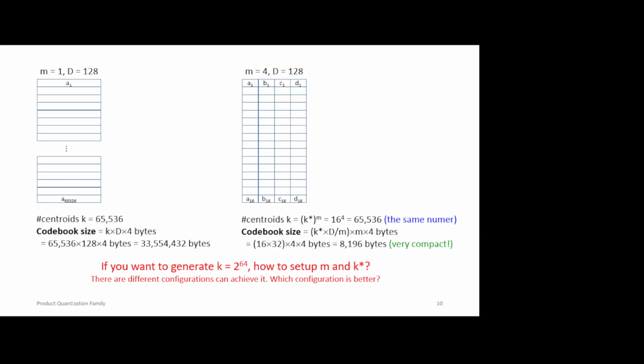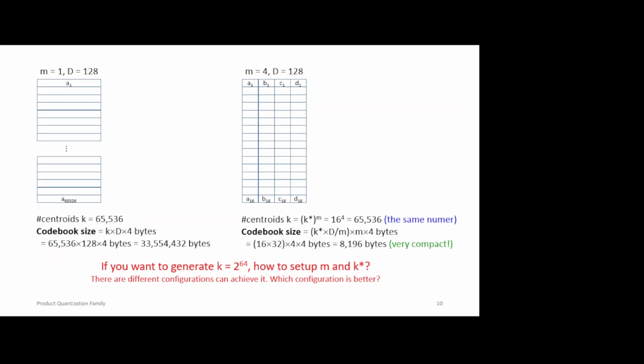Okay, this is the codebook, and we can calculate its size. The codebook size is like this: k is the number of your centroids, and d is the dimension of the centroid vector. And each dimension we use 4 bytes to store it.